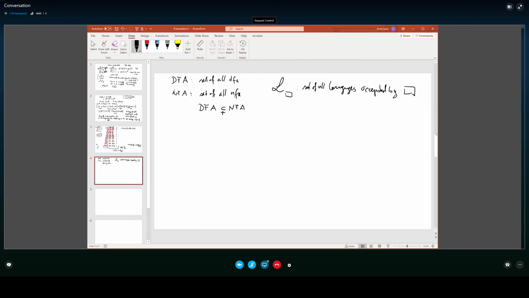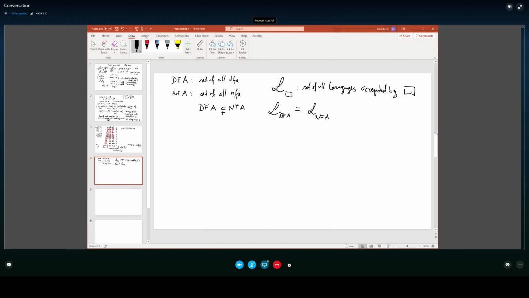However, if we look at L sub DFA, the languages accepted by DFAs, and compare them with the languages accepted by NFAs, they are equal.